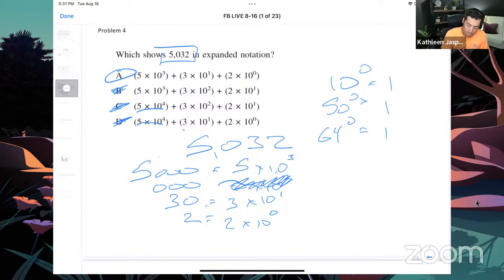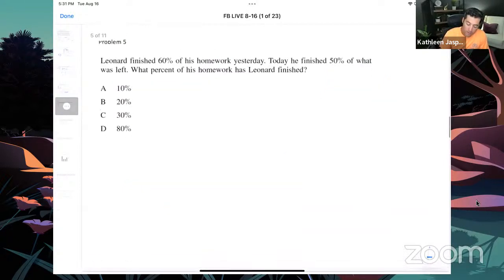Okay. Problem 5. Leonard finished 60% of his homework yesterday. Today, he finished 50% of what was left. What percent of his homework has Leonard finished? All right.